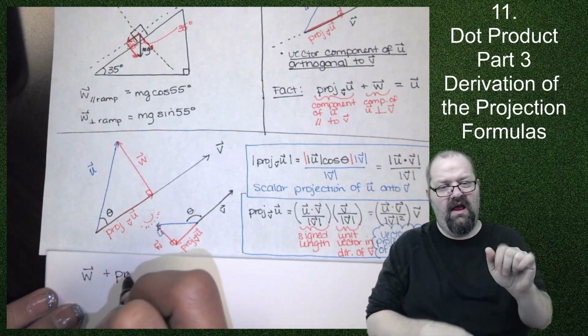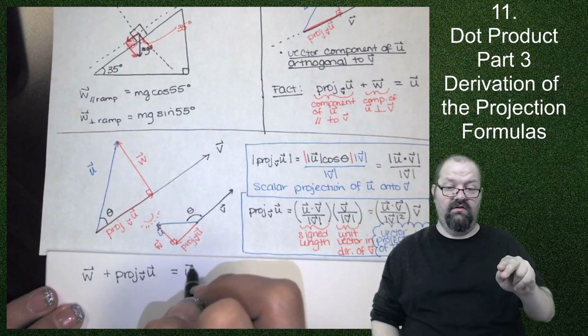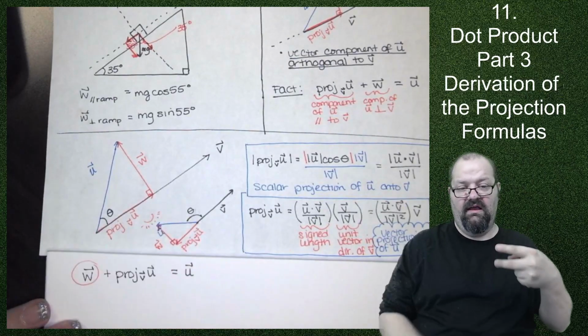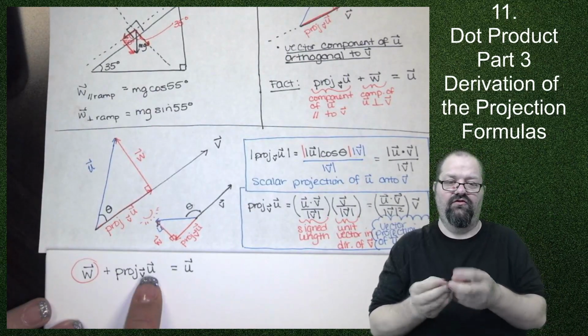W plus the projection of U onto V has to be U. So if I want to find W, I just solve for this guy by subtracting the projection from both sides.